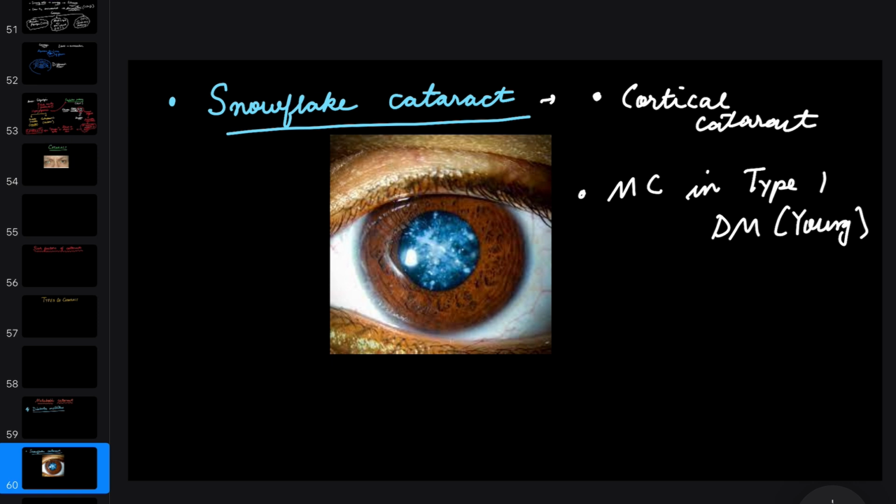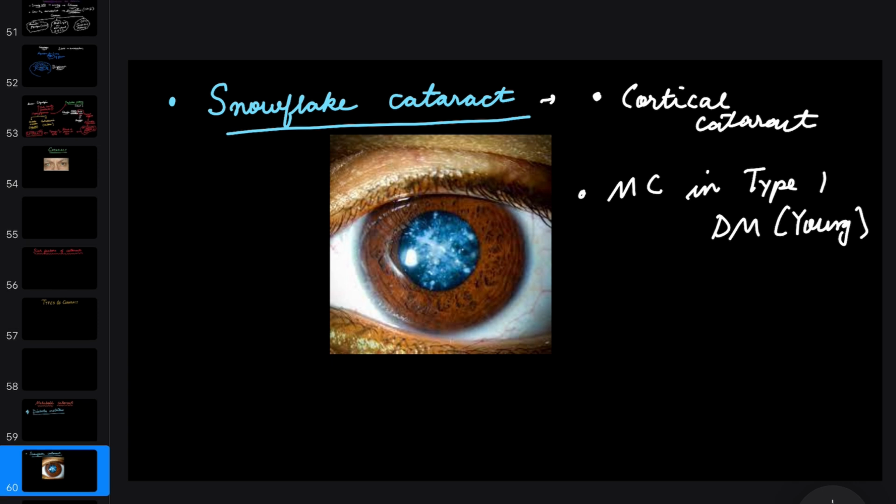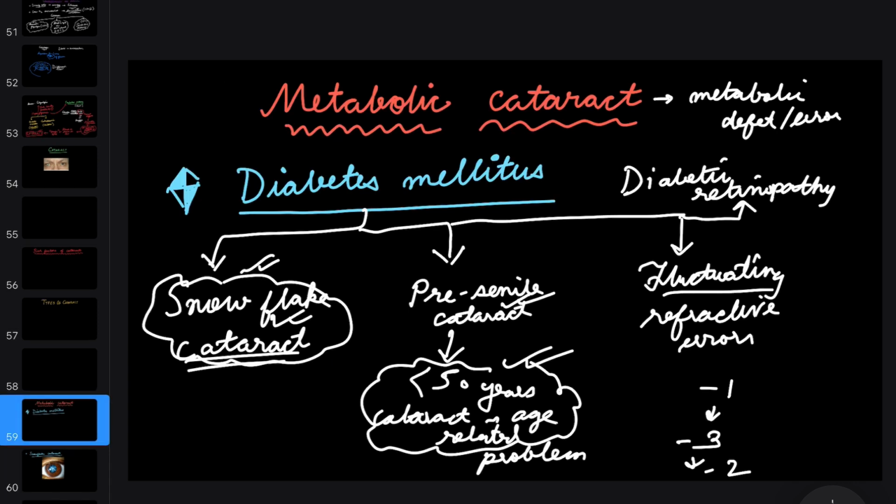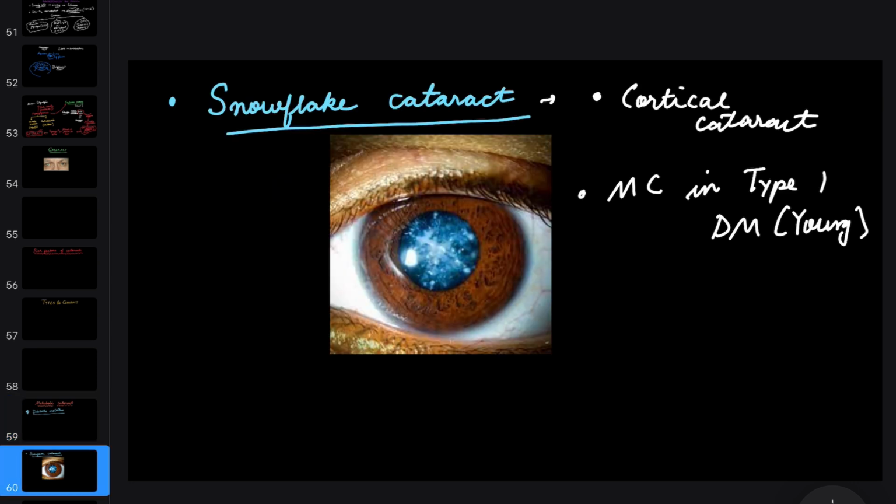They are older, and that is why they are found more in type 2 diabetes mellitus. What is type 1, what is type 2? We'll study this in medicine. Just know for now, very roughly, that type 1 is diabetes mellitus in the young population, and type 2 is in the older population. So snowflake cataract is seen in type 1 diabetes mellitus patients.